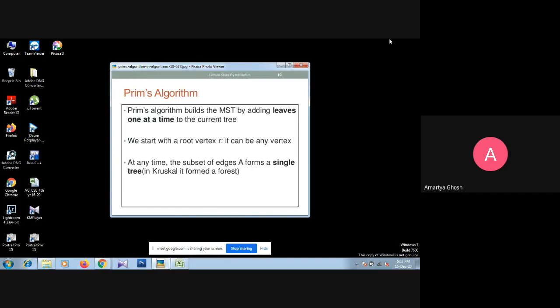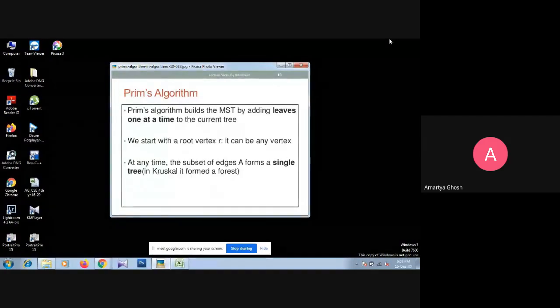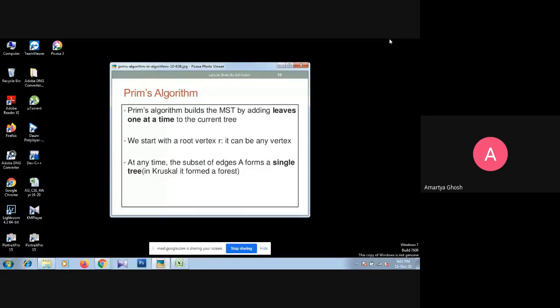Now we start with a root vertex R. It can be any vertex, because this is a complete graph and we have to construct the minimum spanning tree. So the root can be any one of them.